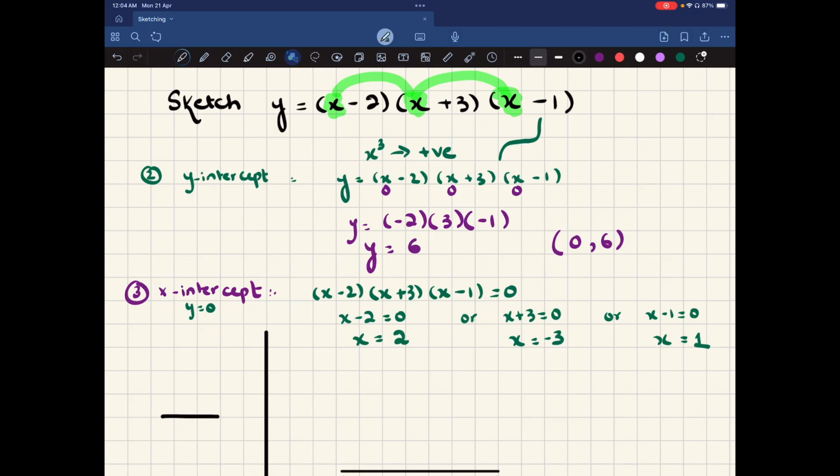Okay, so here you go. The y-axis, the x-axis. Let's first place the points where it's going to cross the y-axis and x-axis. So it's 1, 2, and negative 3 on the x-axis, and 6 on the y-axis, and we know that it is a maximum minimum shaped curve.